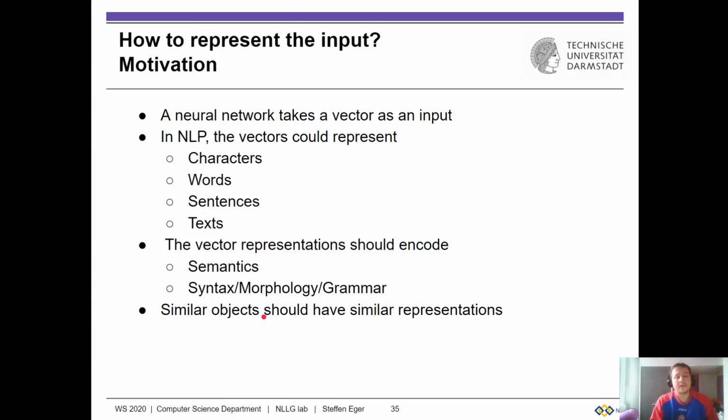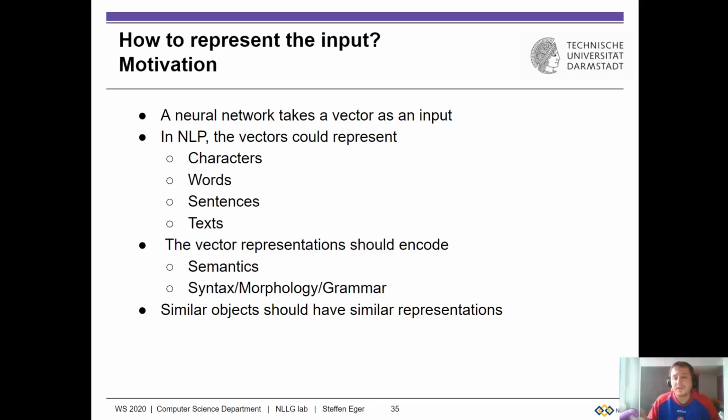And the property that we want, of course, is that similar objects have similar representations. So if two sentences mean the same thing or have the same grammar, we would want our numerical representations to be very similar, and the same goes for characters, words, and whole texts. And this is because if those things are similar, they often have the same label coming out, right?